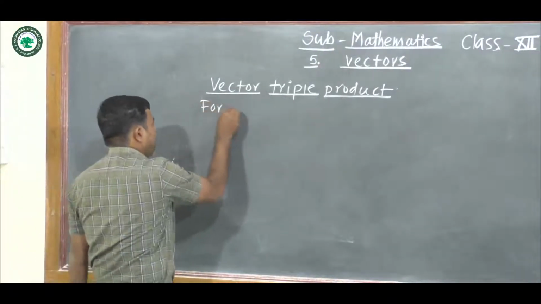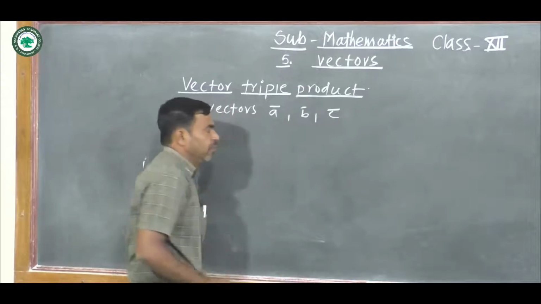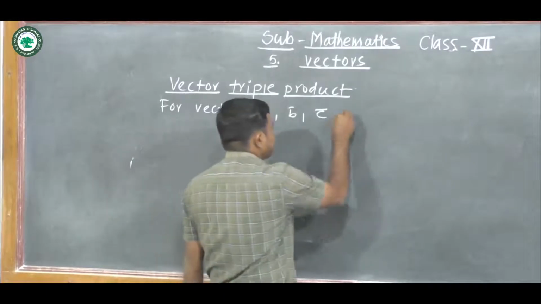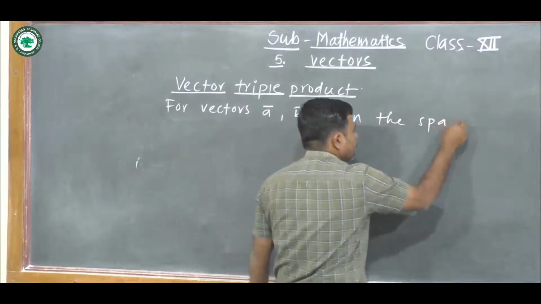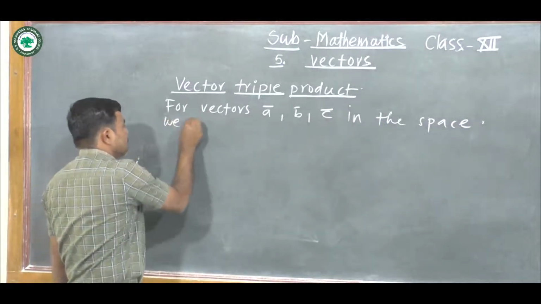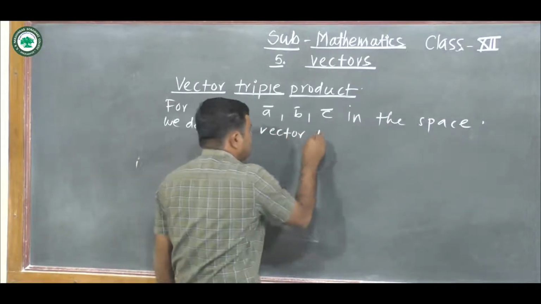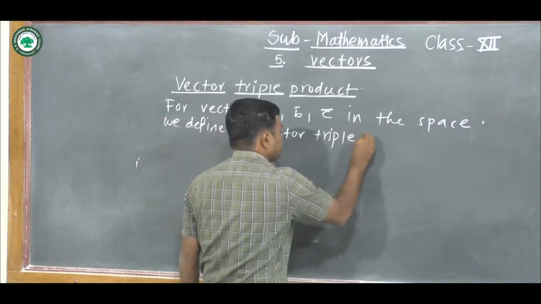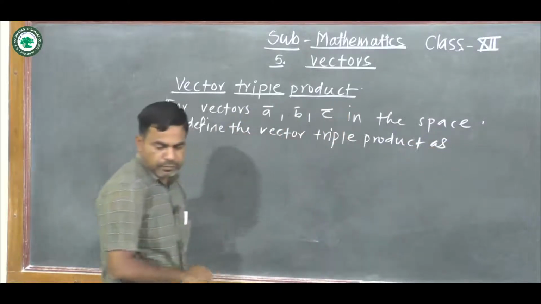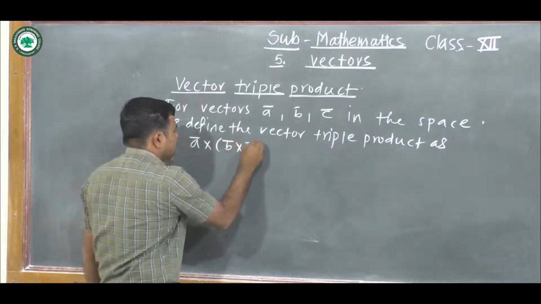See the definition. For three vectors A bar, B bar, C bar in this space, we define the vector triple product as A bar cross B bar cross C bar.